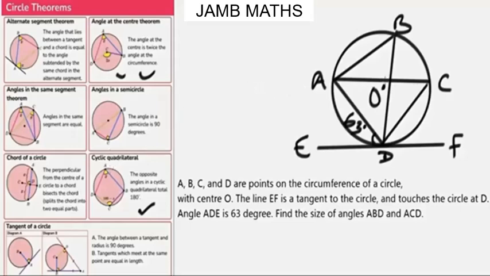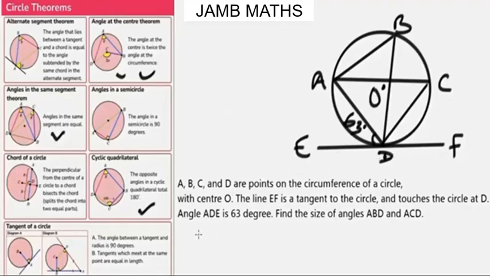Now, looking at this question we have here, we're going to apply this rule: angles in the same segment theory, because that's the kind of shape we have here. The angles in the same segment theory states that angles in the same segments are what? Equal. Since angles in the same segments are equal, that means we have our ADE to be 63 degrees.